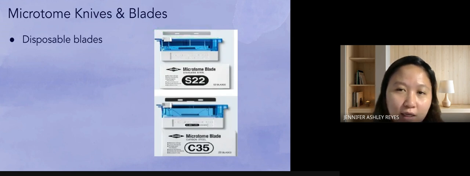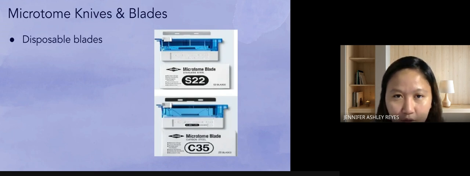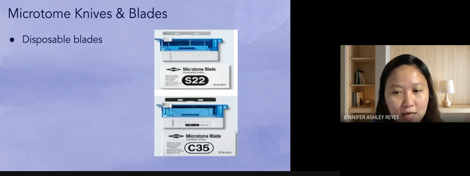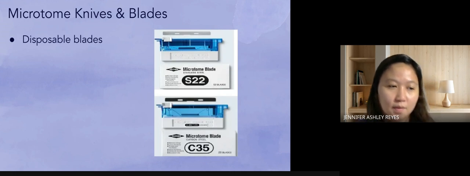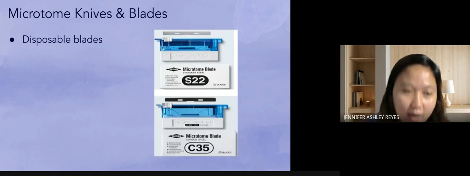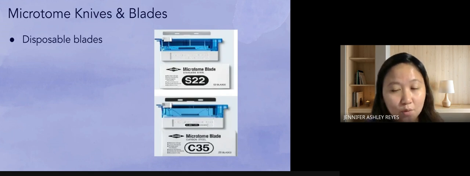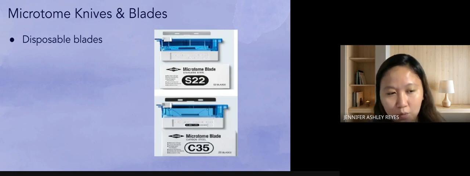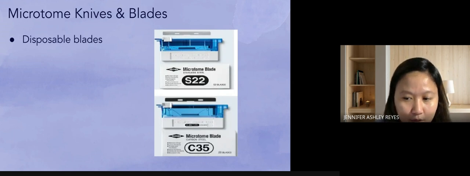Think about it like the blade you use for shaving: it's ready, it's sterile, and you just use it. They give clean cuts around 2 to 4 micrometers in sections, but they're expensive because they're disposable, so you need to buy them again and again. They are available in different profiles, high or low, depending on your tissue type and your blade holder.